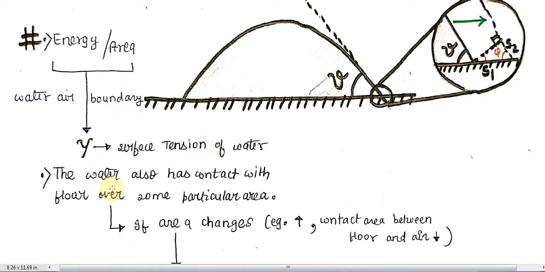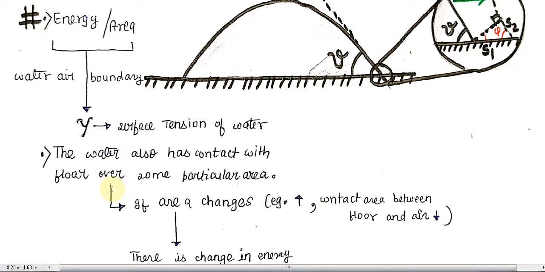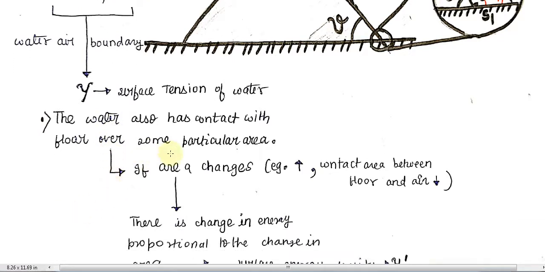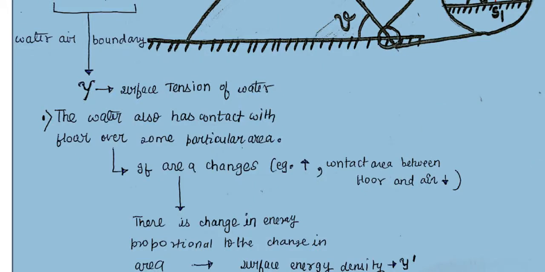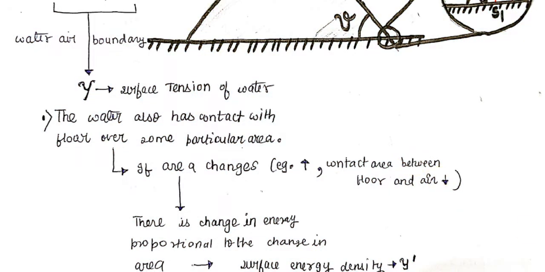The second thing: the water also has contact with the floor over some particular area. I know that if the area changes, the contact area between the floor and air will decrease.